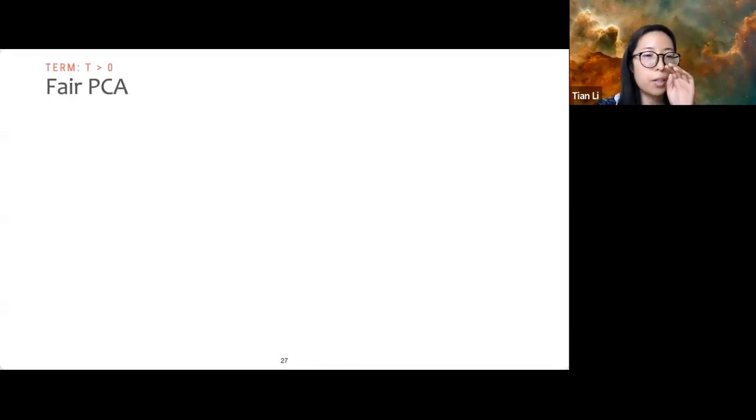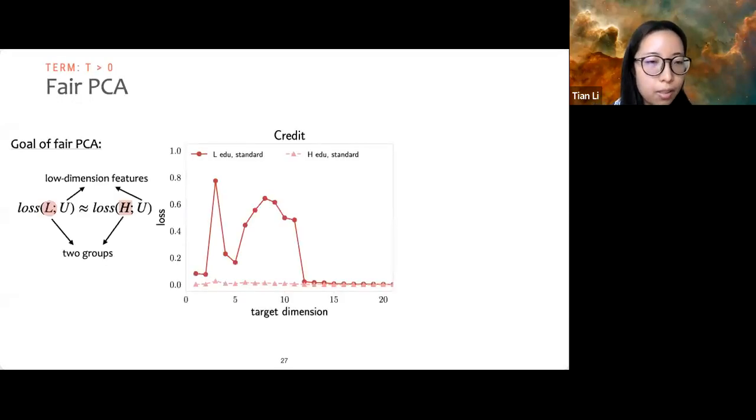So for example, fair PCA, we are using TERM with positive t's. The goal of fair PCA is to encourage equal reconstruction error after this PCA algorithm. Okay. So L and H are 2 groups, and U are learned low dimensional features. And the goal is for the reconstruction error, denoted as the loss here, to be similar across the 2 groups.